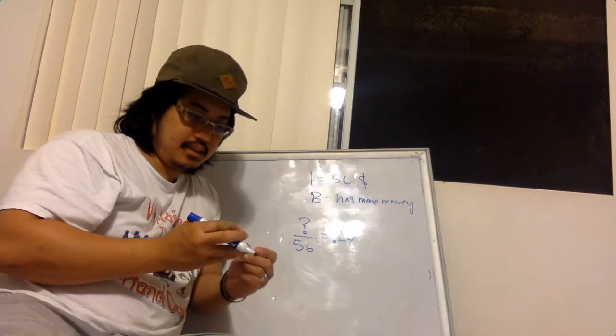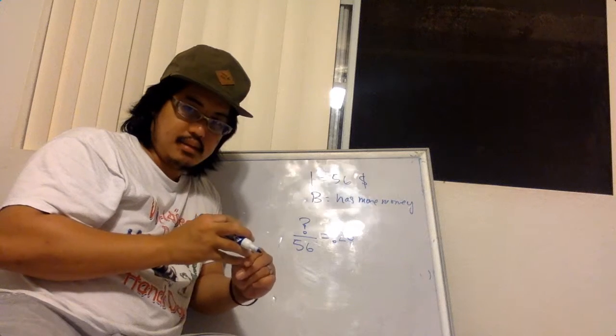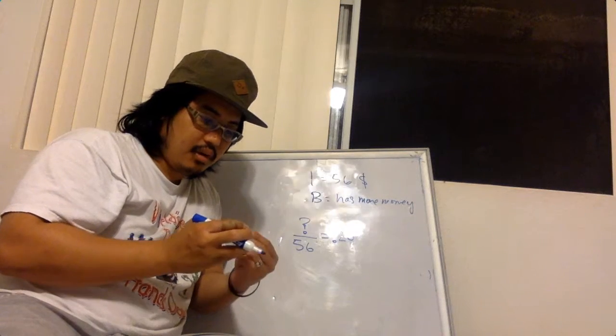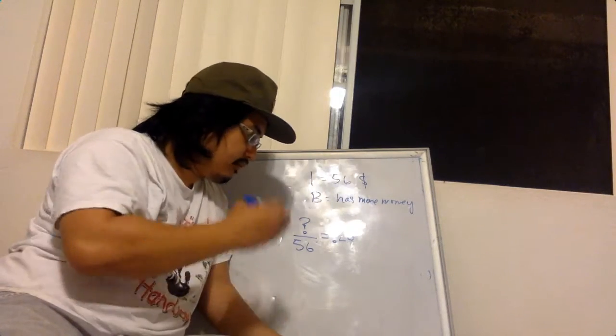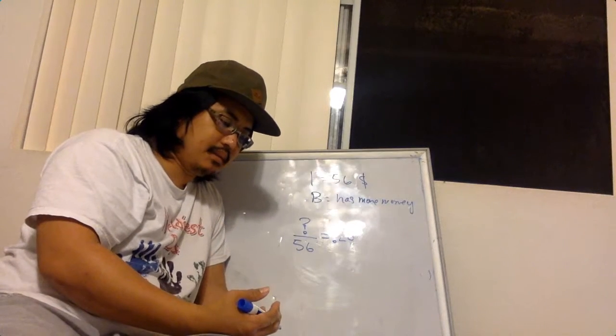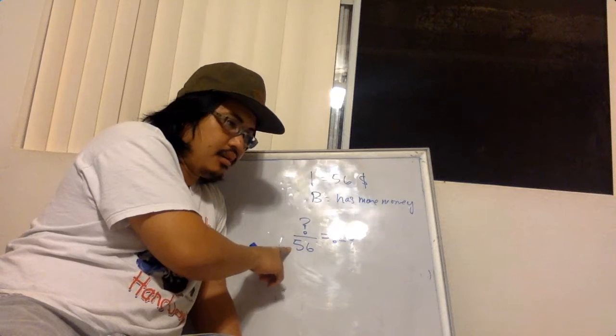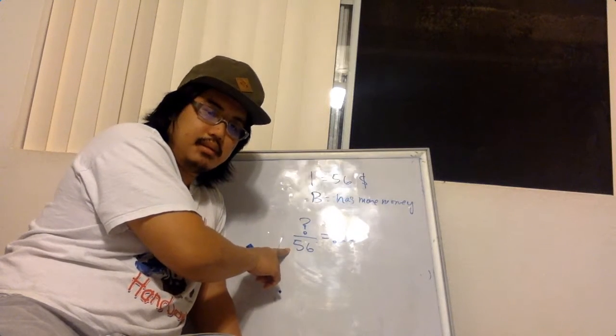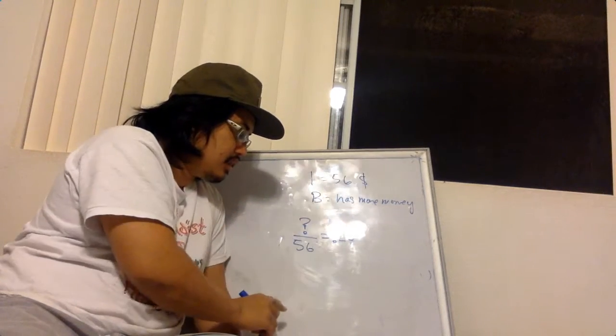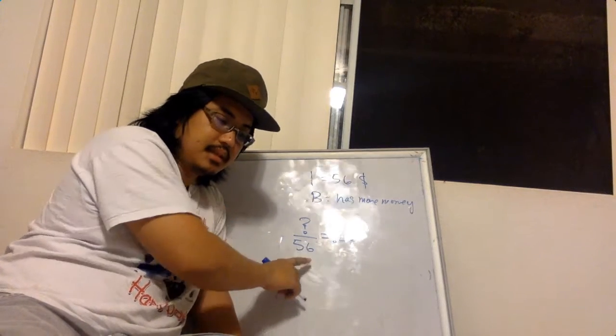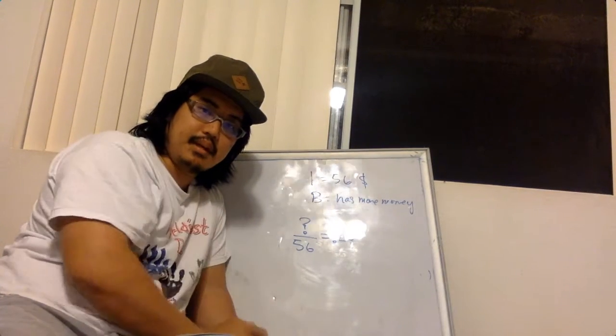Does that make sense? What we've always been doing is saying how much you have divided by how much the whole amount is considered is equal to the percentage. And we've been solving for the percentage, but this time we're asking, well, how much money is this?